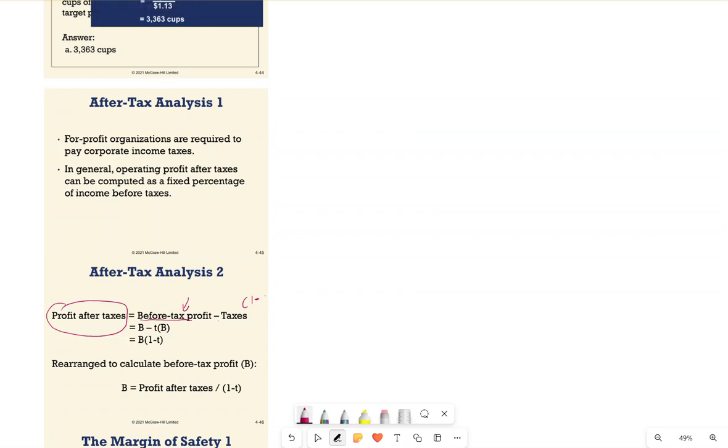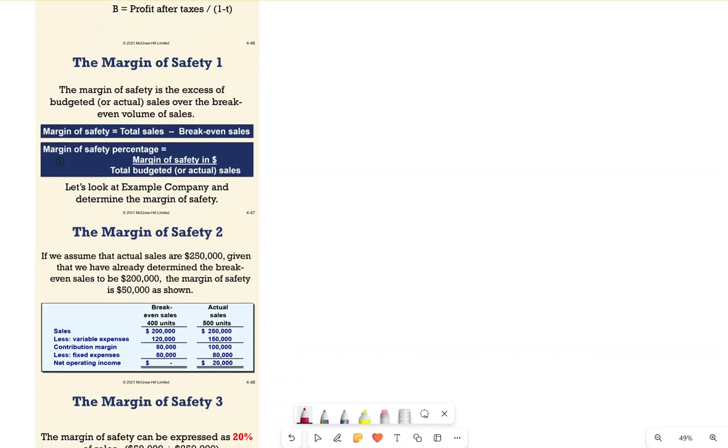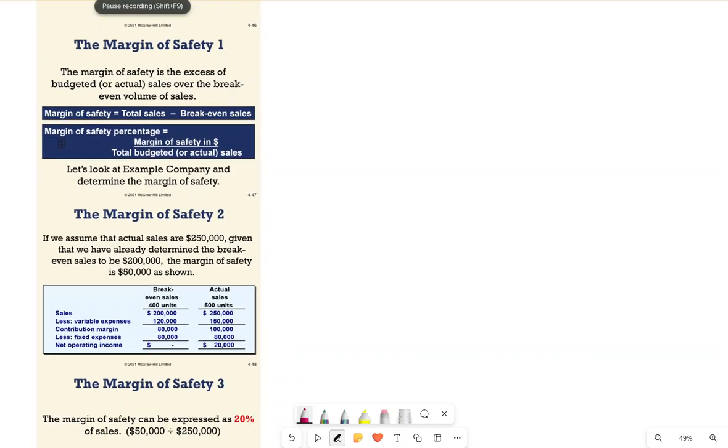So you take your before tax profit and multiply it by 1 minus the tax rate, in order to get your after tax profit.